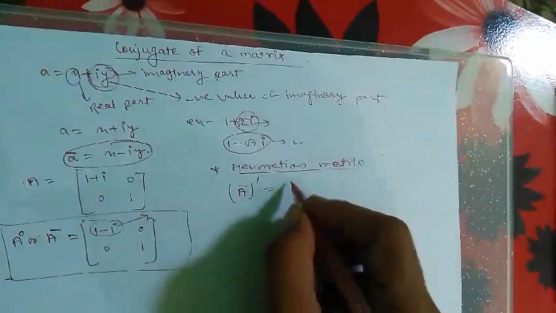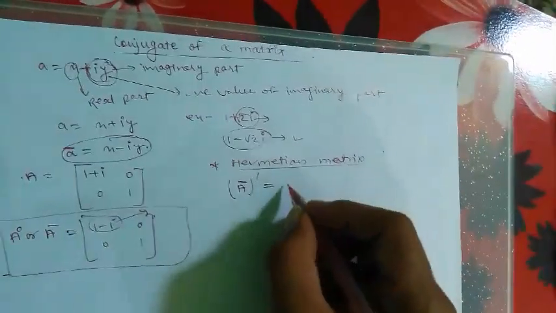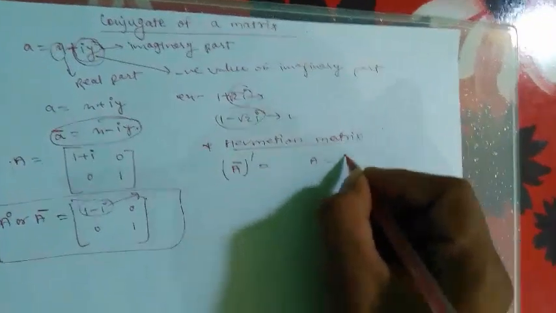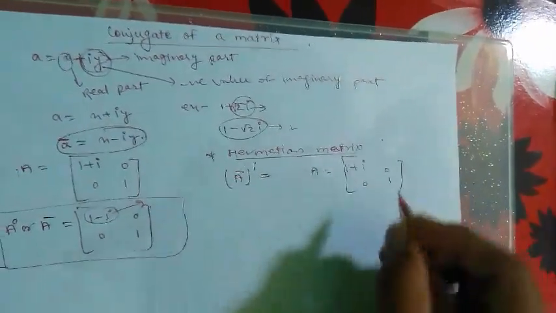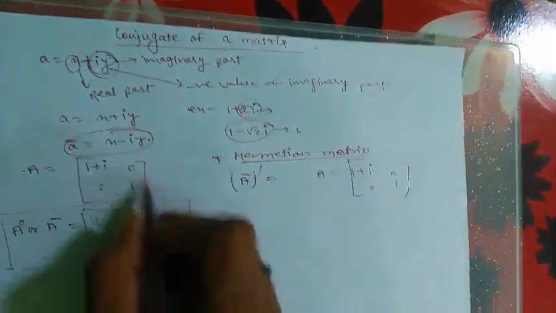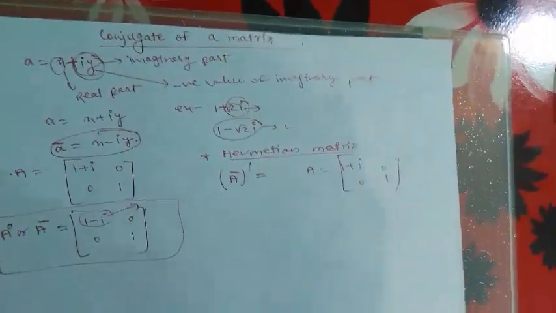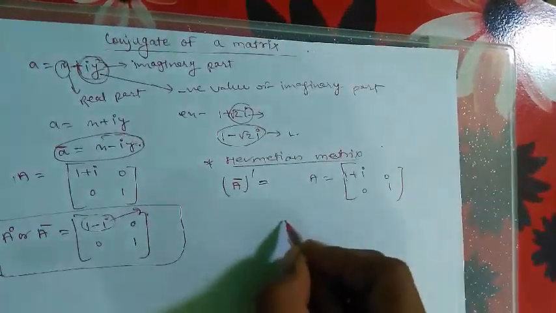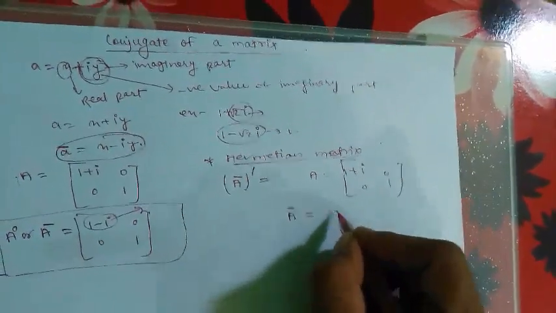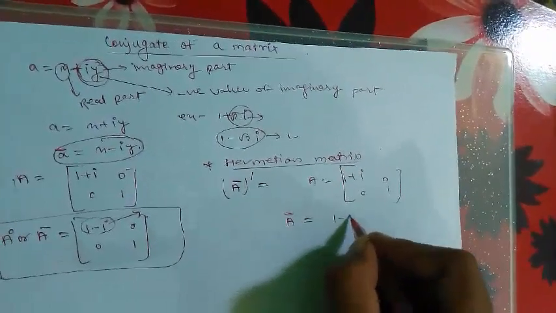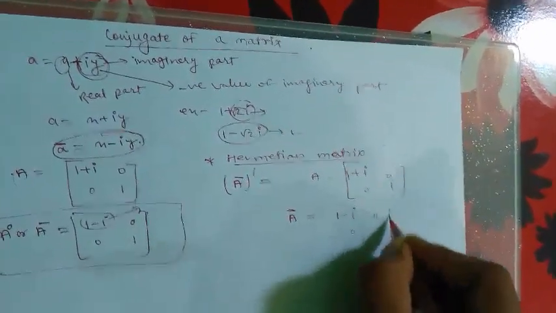So we take a matrix like we have already taken, A is equal to 1 plus i, 0, 0 and 1. We have to take the conjugate of this matrix, which is denoted by a bar, which is equal to 1 minus i, 0, 0 and 1.